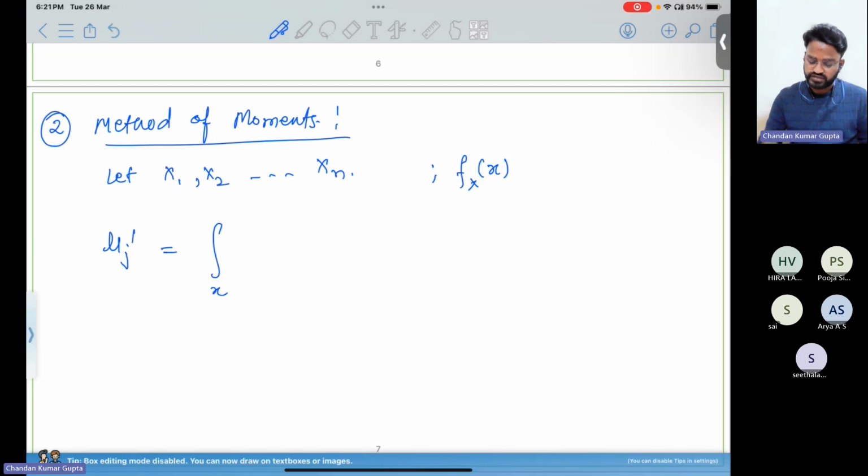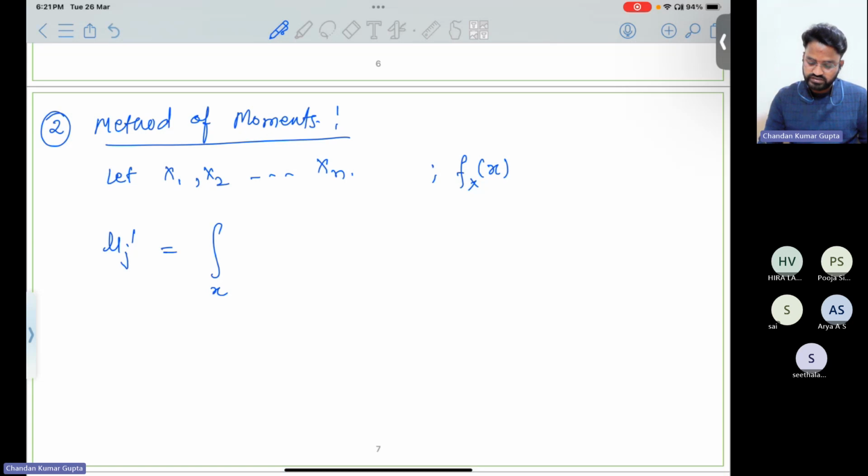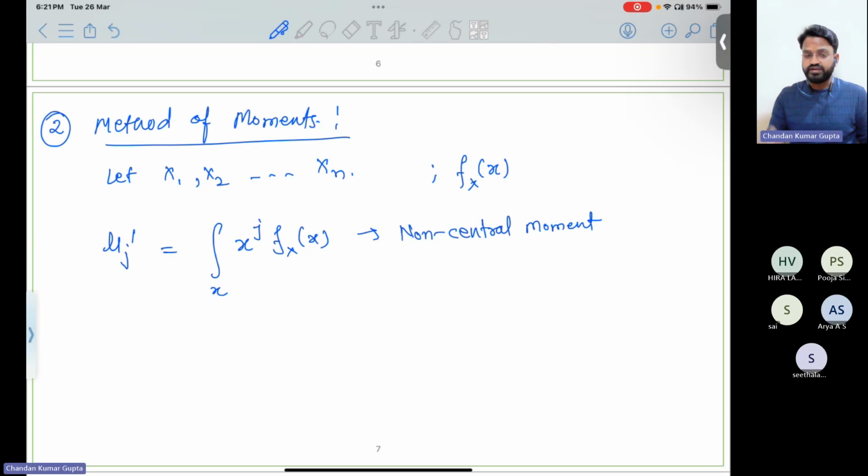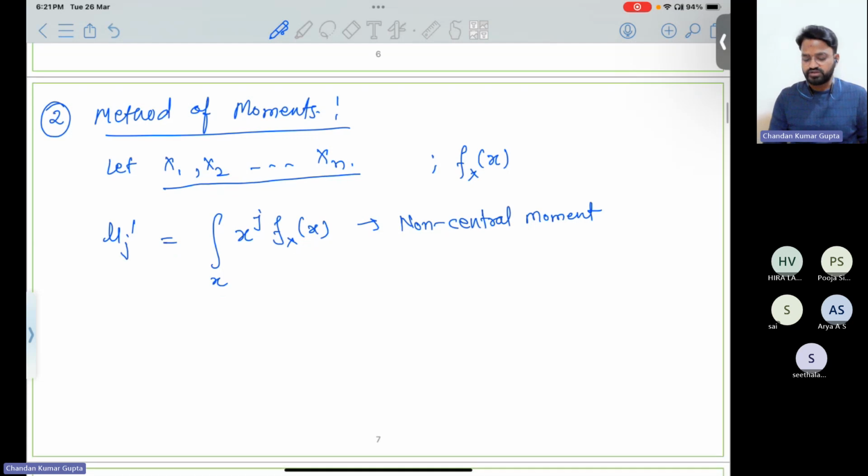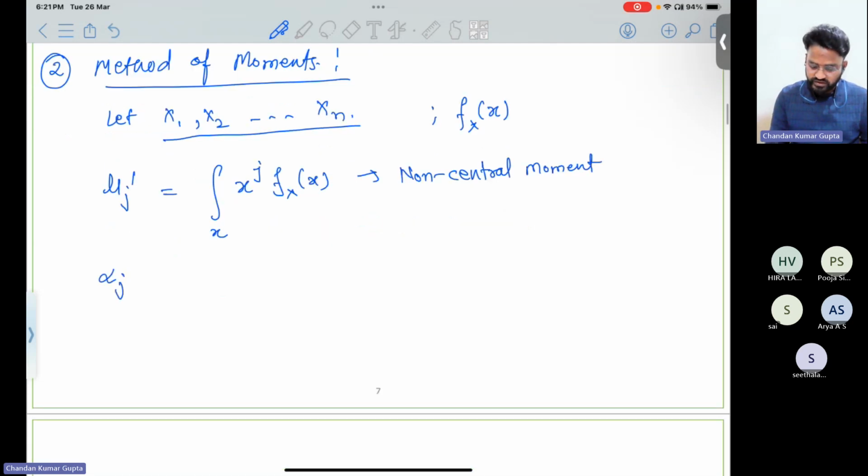Suppose it is a continuous distribution. We take the integration of x to the power j times the density. This is the non-central moment. And we have these data sets or random samples. So alpha j is equal to 1 by n summation of xi to the power j.